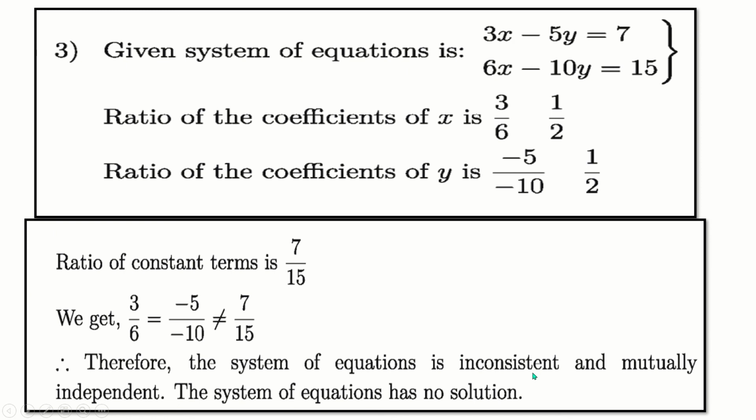These two equations are inconsistent. That means this type of problem we cannot solve. This is inconsistent. This type of equation we cannot solve. That means there will be no x or y. When we calculate, we get no x and y on the left side. So that will be inconsistent and mutually independent, and the system of equations has no solution.